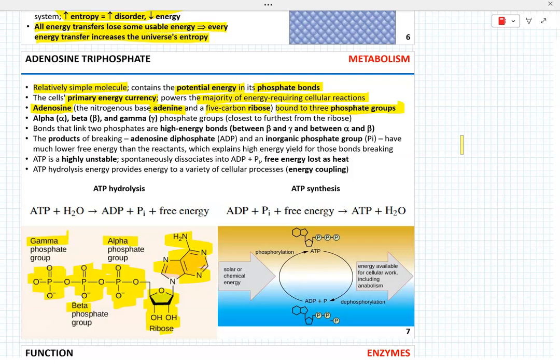The bonds that link two phosphates, also known as phosphoanhydride bonds, contain a lot of energy.